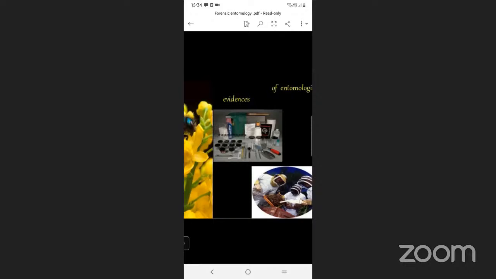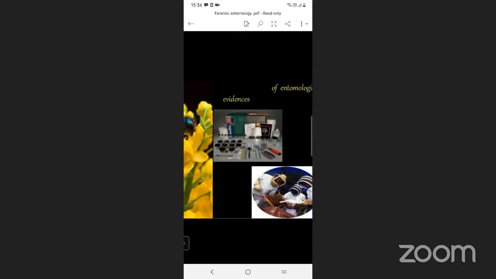And the age and stage of an insect is the one where we come across eggs, which means it is within the first 8 hours of death. If larvae are available, they will say approximately 1 to 8 days. If pre-pupae are available on the body, they will say 8 to 12 days.